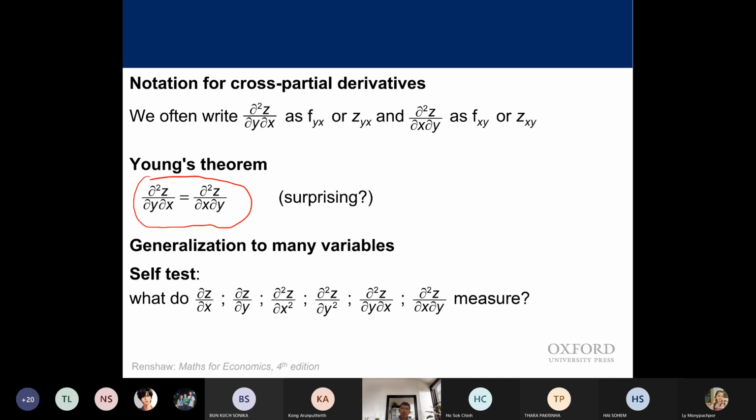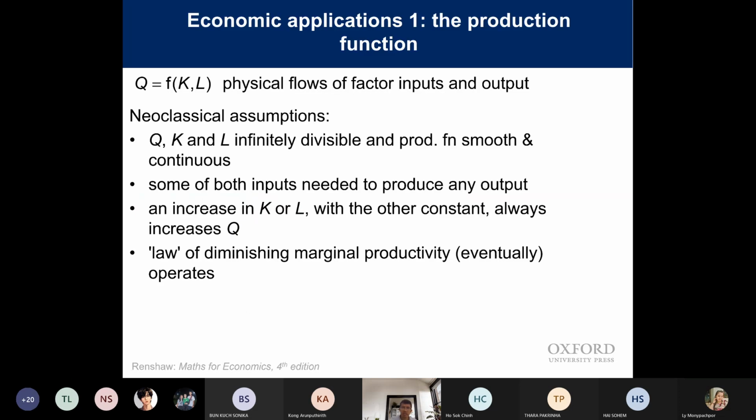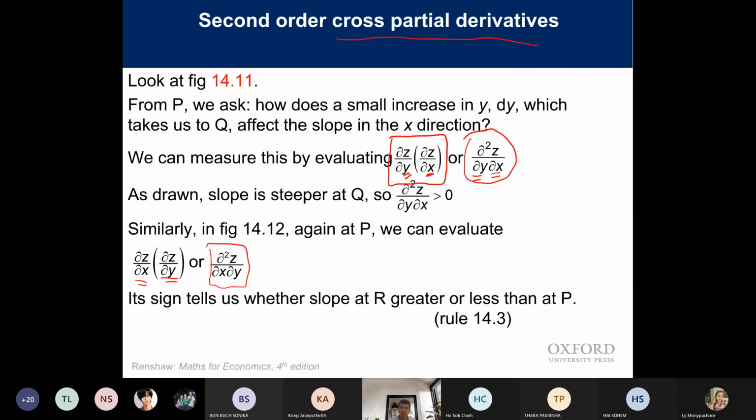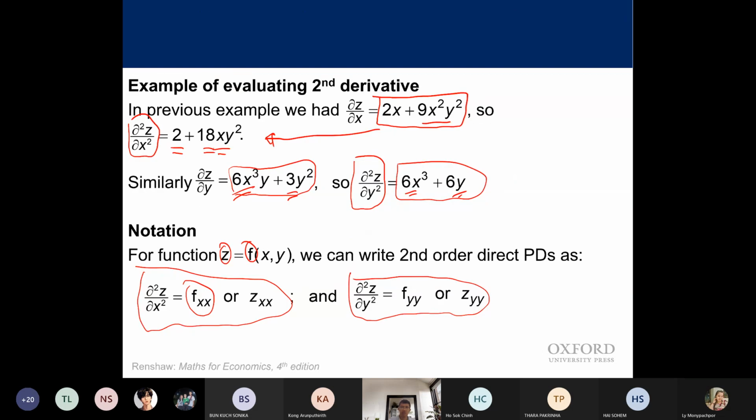They result in exactly the same value, right? So we refer to this as Young's theorem. Very surprising, right? Maybe you can check the previous function to confirm that this is true.